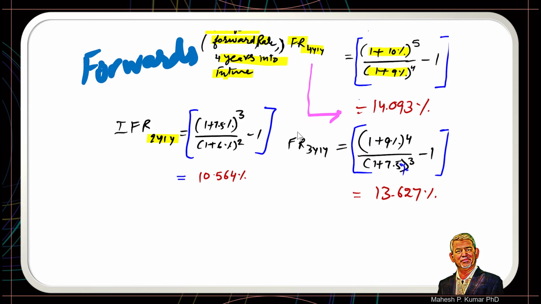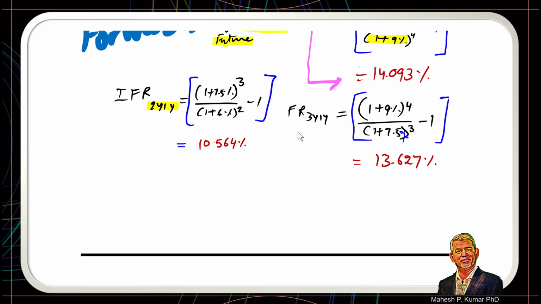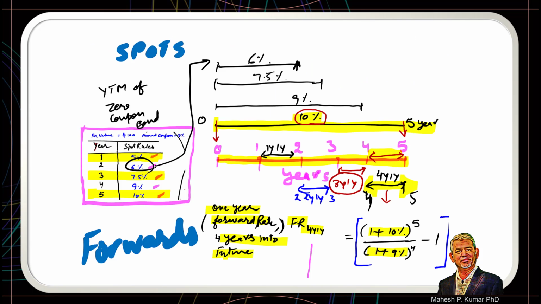In order to do that, we will go here and we will use this formula. Sometimes we write FR, sometimes we write IFR. It just stands for implied forward rate. So this formula is now like this.